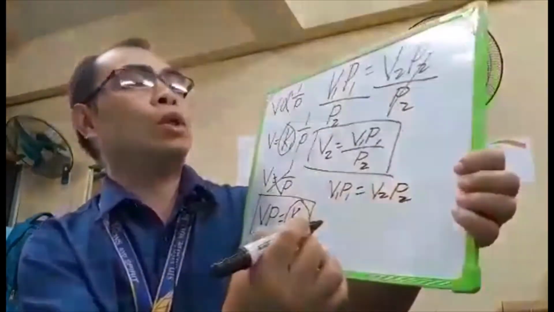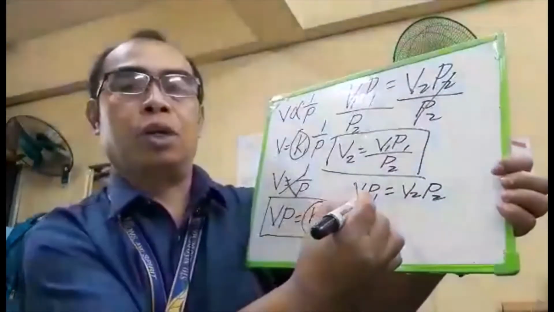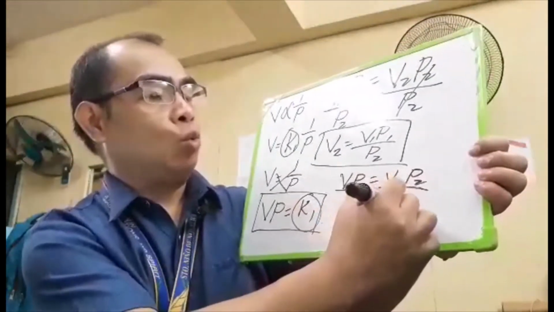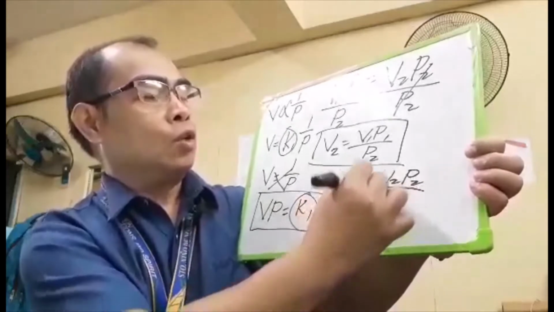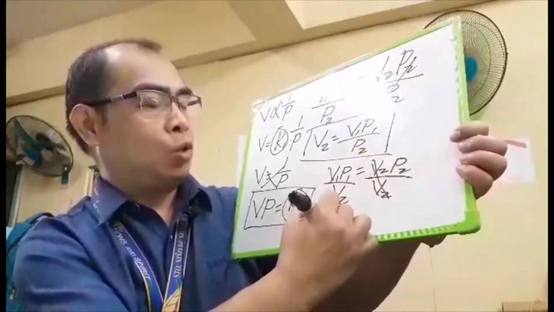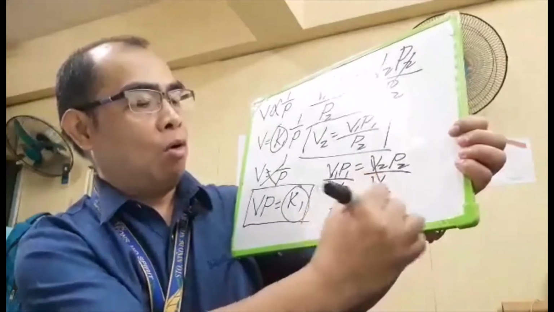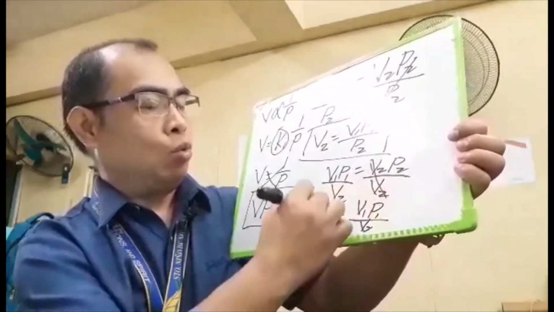What if we're going to solve for final pressure? We divide both sides by V2 and cancel the V2. So we have P2 is equal to V1 P1 over V2.